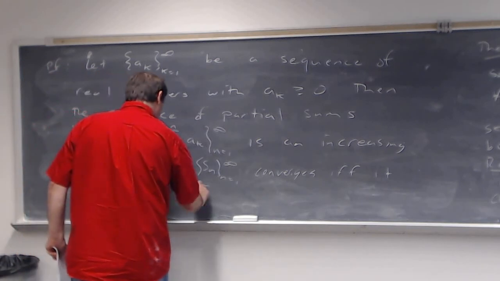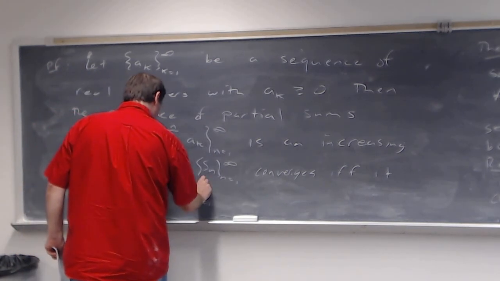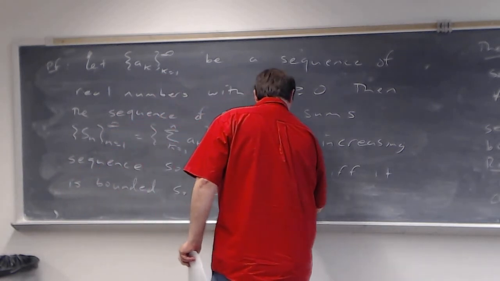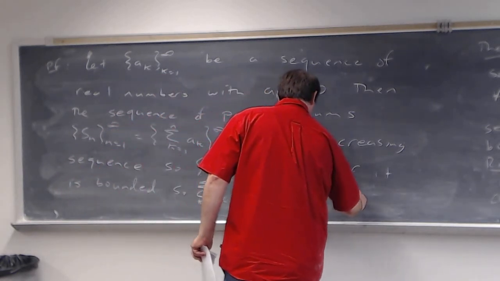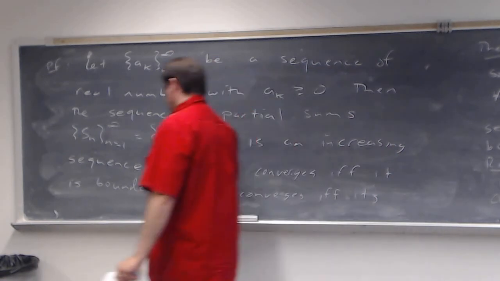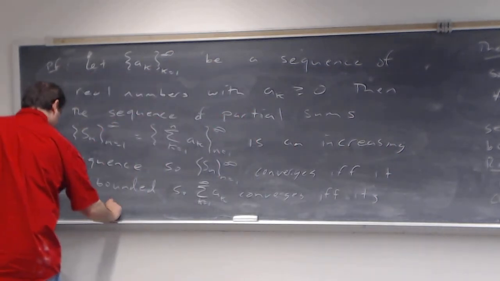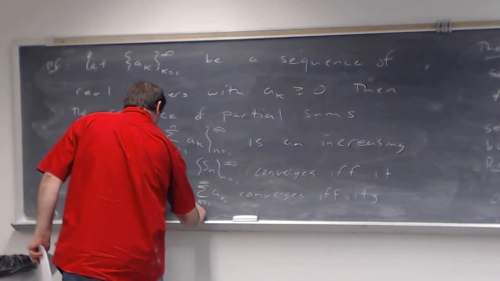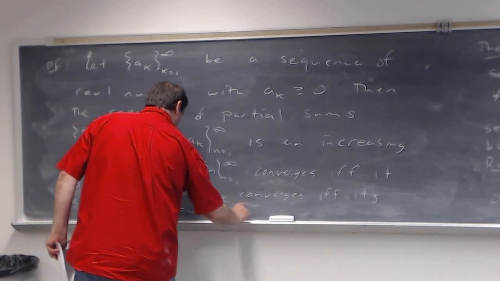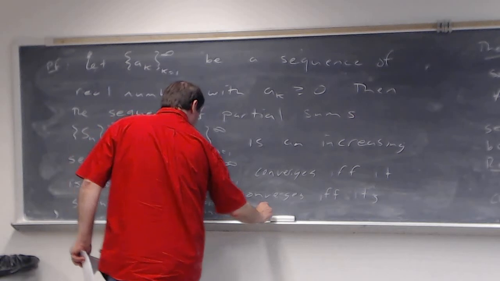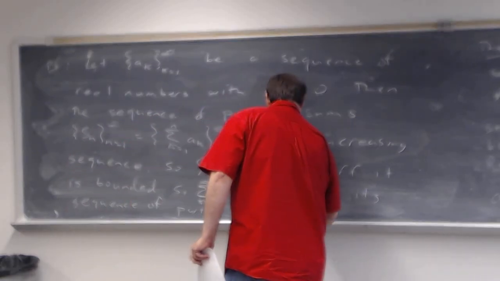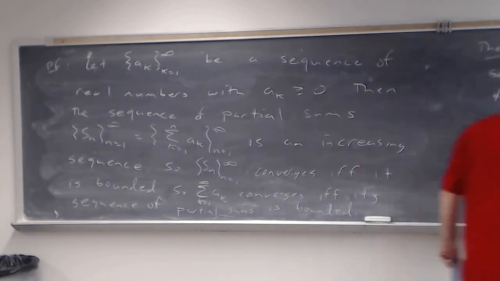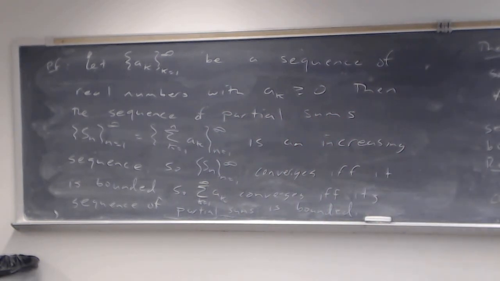So that means that this sum of the a sub k's converges if and only if its sequence of partial sums is bounded. And that ends that proof.